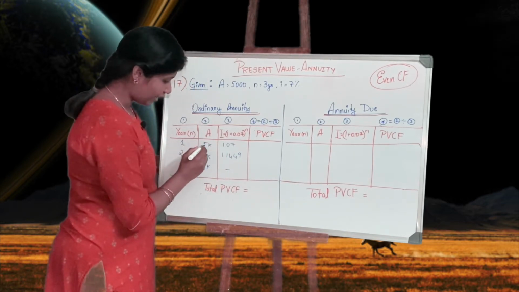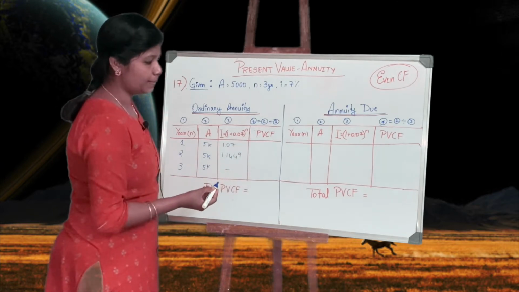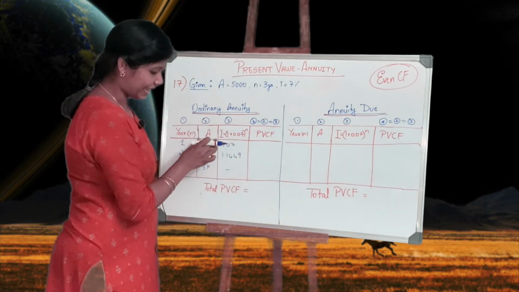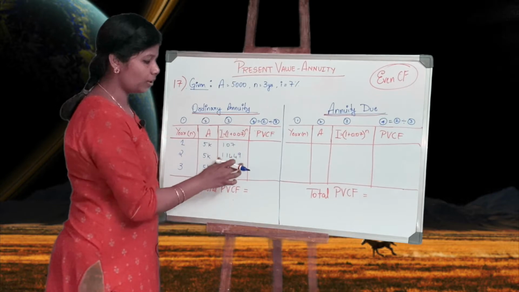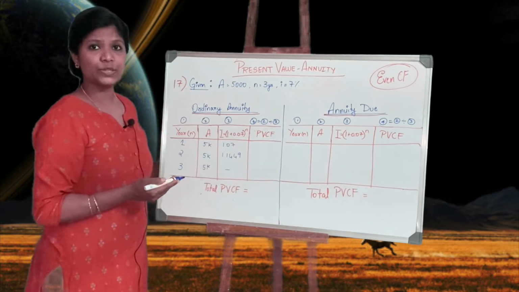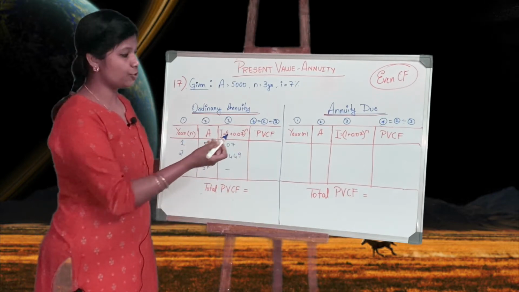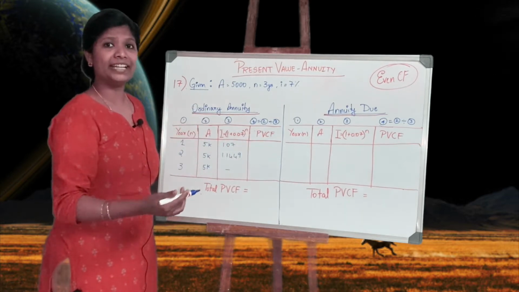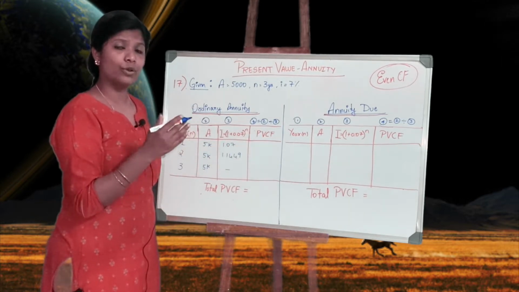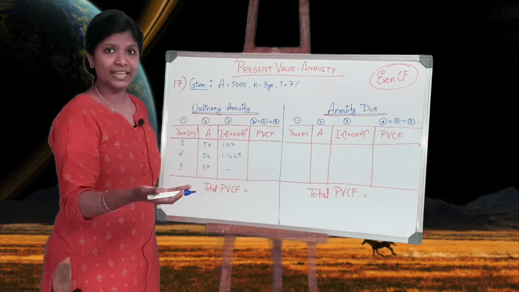So 5,000. What's your fourth column? Fourth column equals your second column divided by your third column. Last class we studied, right? Present value means you need to divide the values. If it's future value, you have to multiply the values.